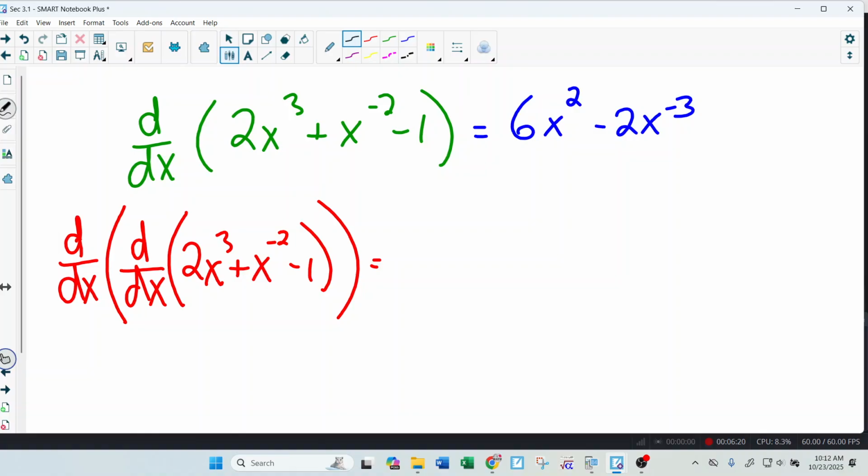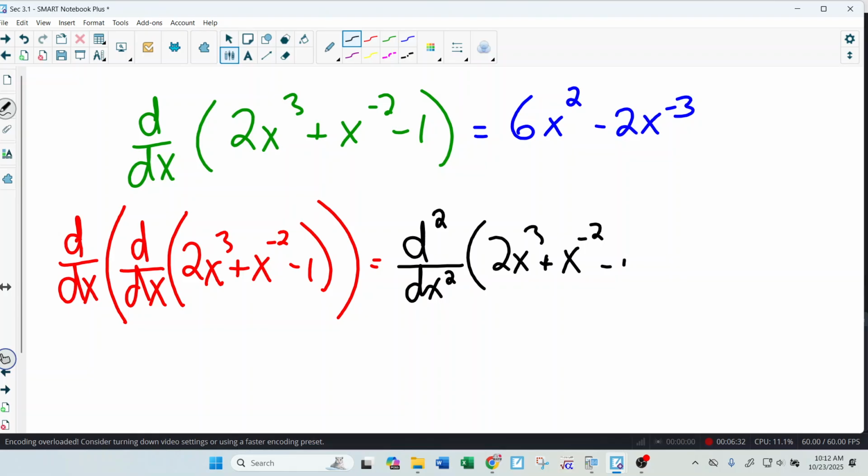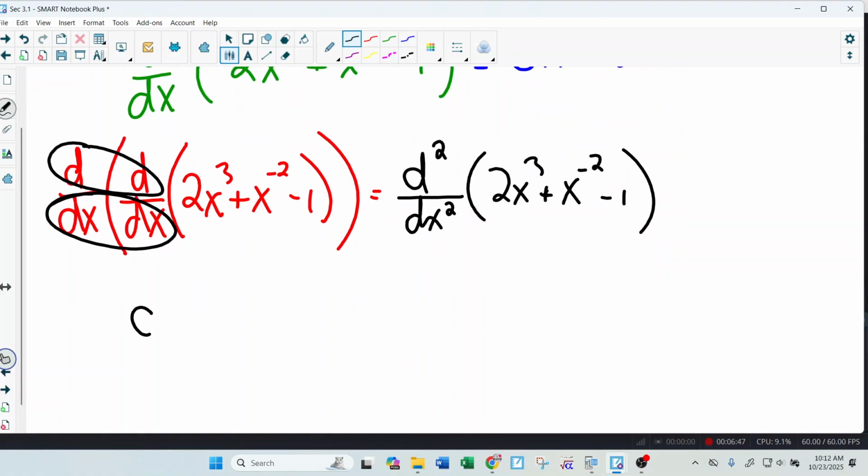Notice the top we have d, so we write d squared dx squared. Notice that d's at the top become d squared, and then the dx's at the bottom, we write it like that, dx squared.